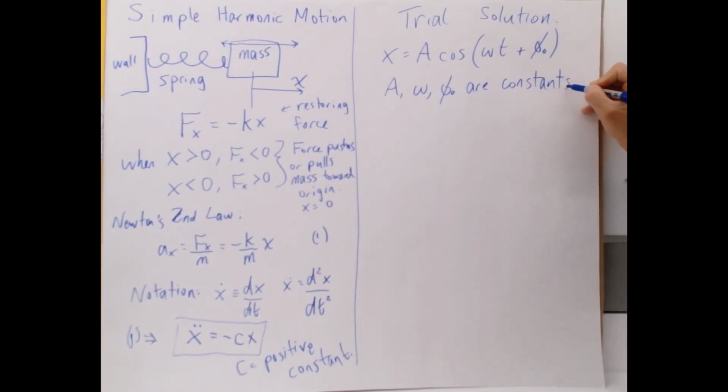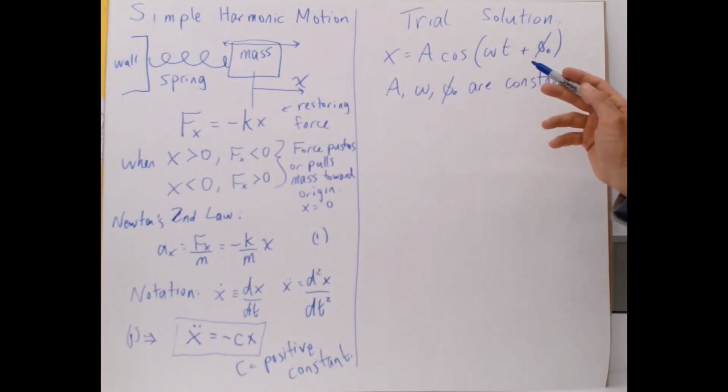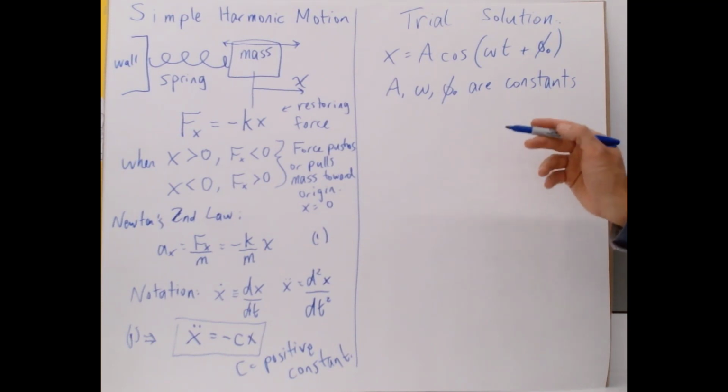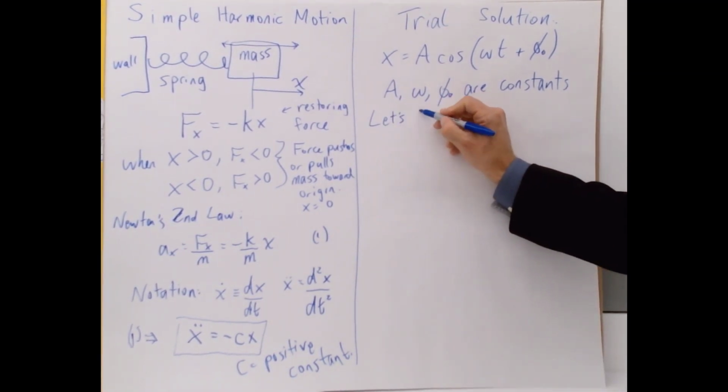So the method for solving this equation is you introduce a trial solution. And then what you do is you try it to see if it works. Let's try it.